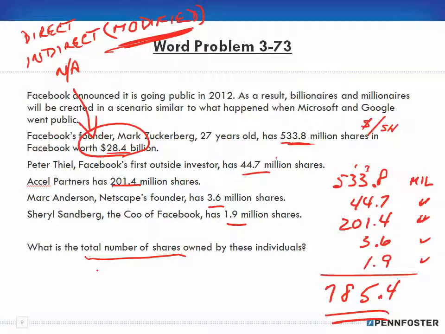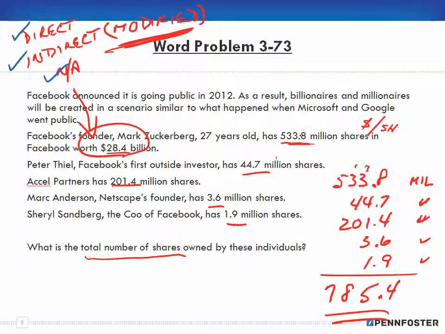But again, when you read a word problem, as you're reading, actively think about it. Keep in the back of your mind different possibilities, different scenarios, and then when you find out what the problem is asking for, only use the information that is directly related to what's being asked. And remember, your data can be direct information, it can be information that has nothing to do with the problem, and it can be information that has to be modified.